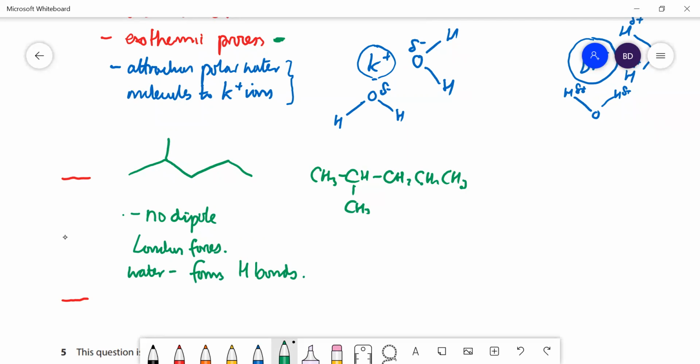So it won't mix. Of course, hexane is extremely similar to that. Hexane is just carbons and hydrogens again, so there's no dipole. You are just going to get London forces in pure hexane, the only intermolecular force, and methylpentane can form those as well, so they can interact with each other.